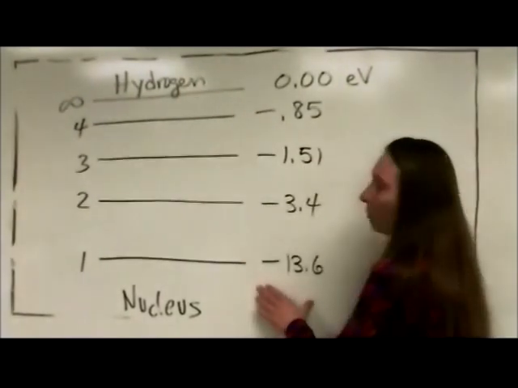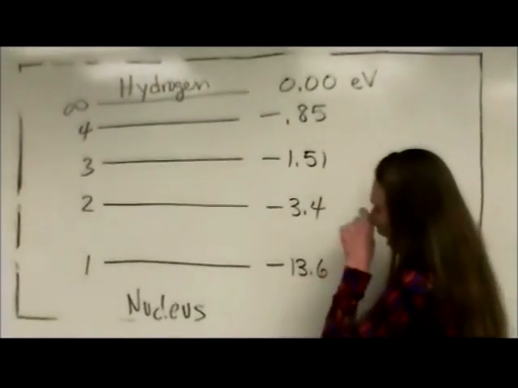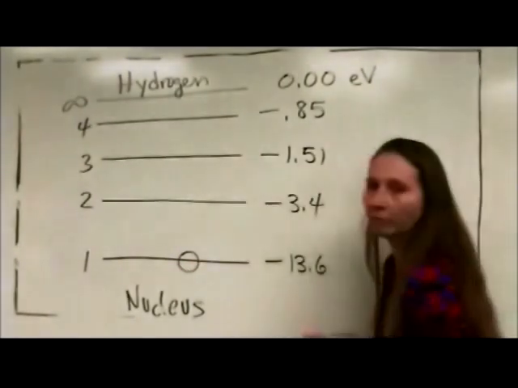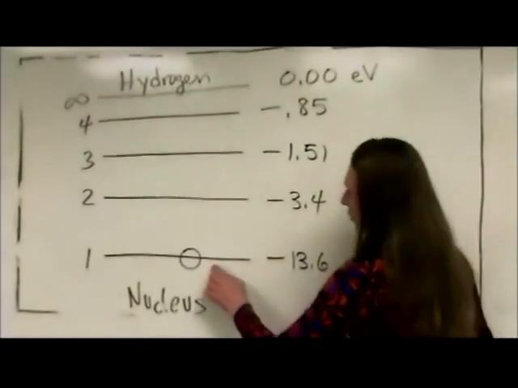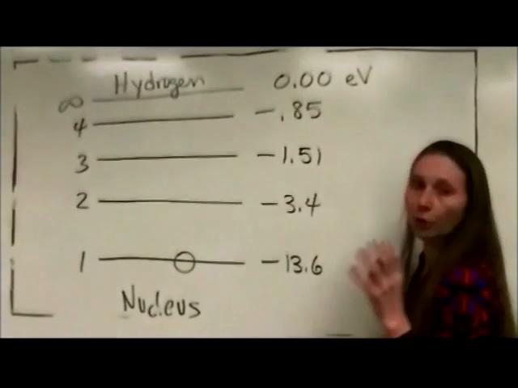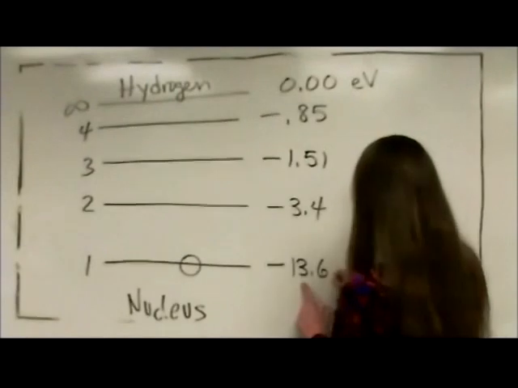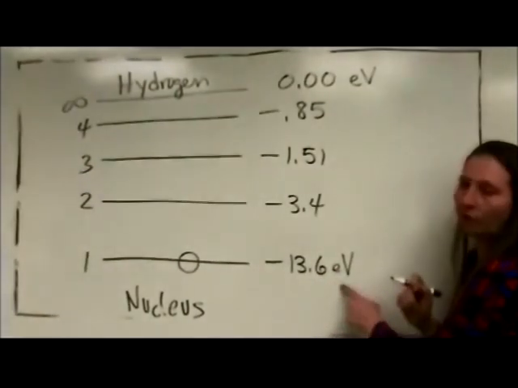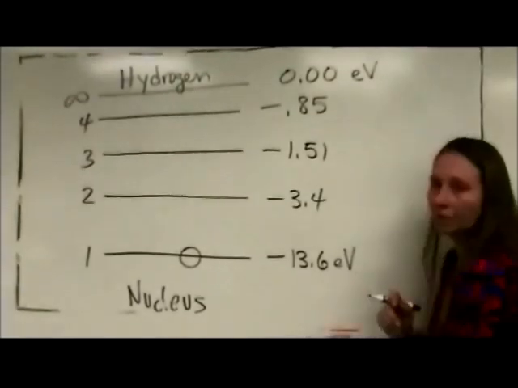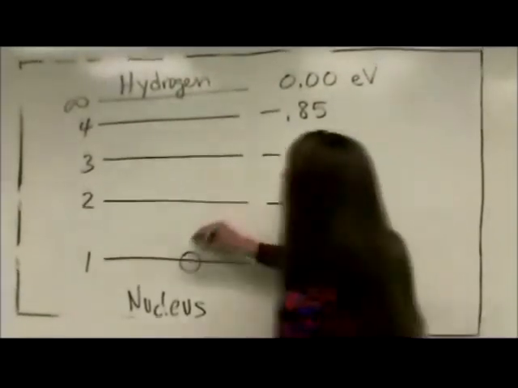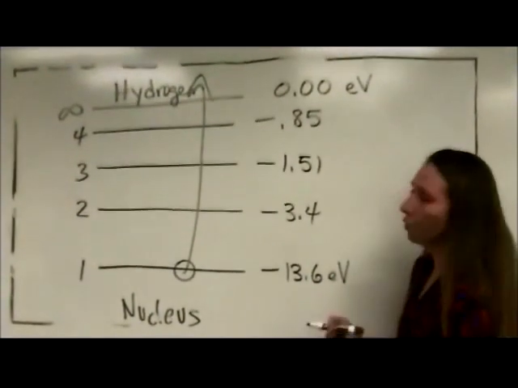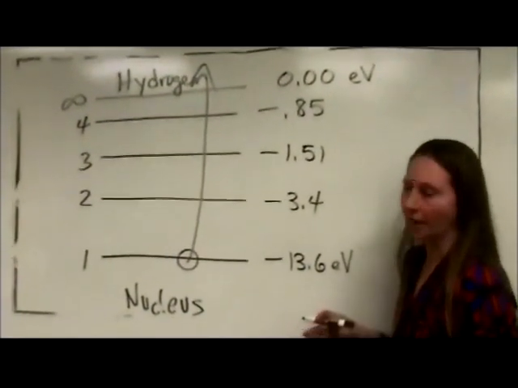Now, how much energy would it take to ionize an electron that starts at n equals 1? Well, it would have to go from n equals 1, 13.6, to 0. So it would need at least 13.6, and remember these are electron volts. The electron would have to absorb at least 13.6 electron volts of energy to go all the way to infinity so that it could be lost or ionized.